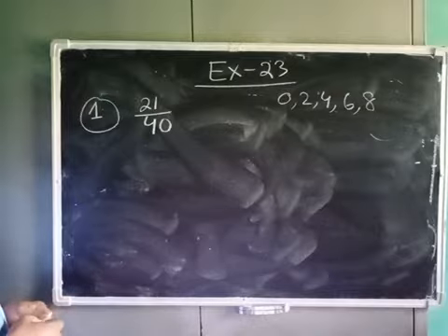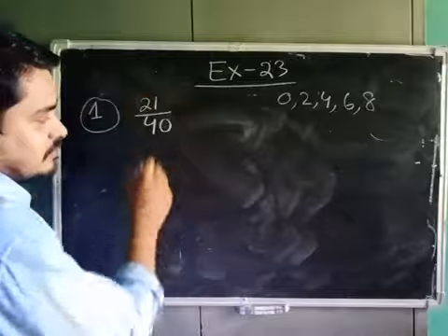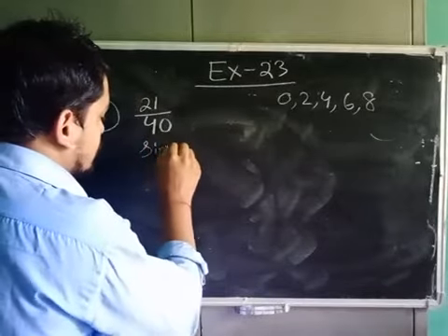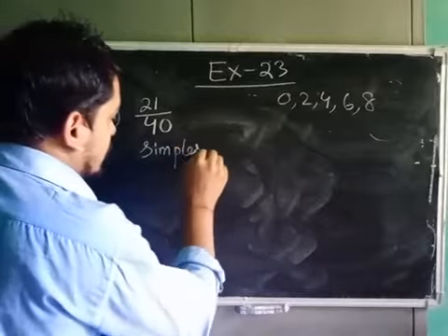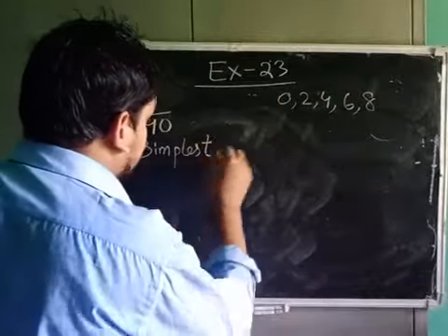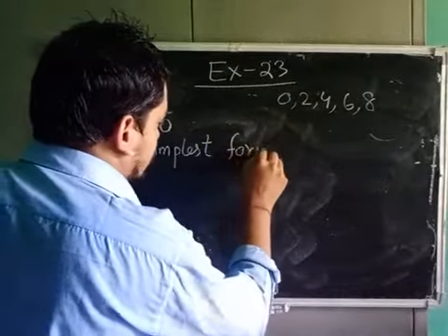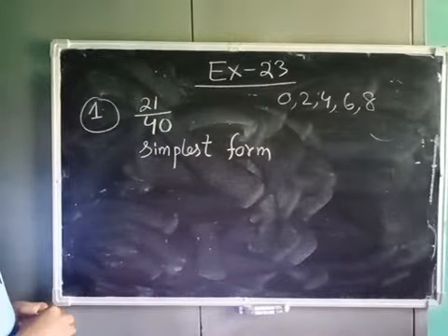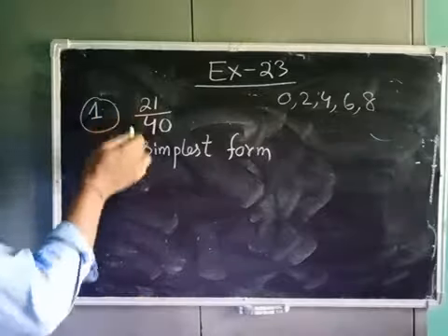No, there is no number. So that is why it is given in simplest form. So we can write the answer: simplest form. It is already given in simplest form because there is no number which can divide both the numbers.